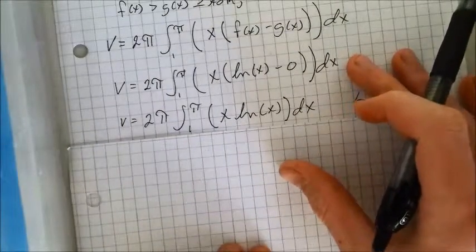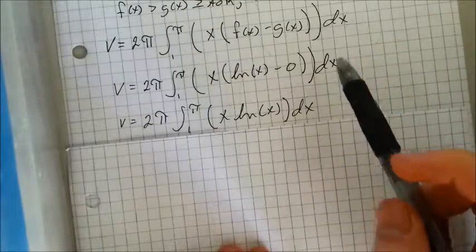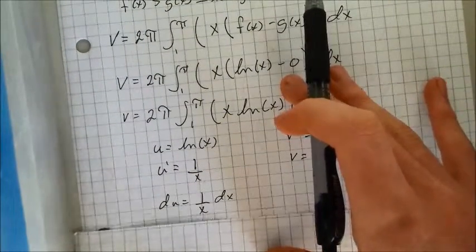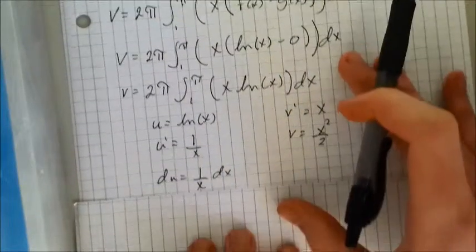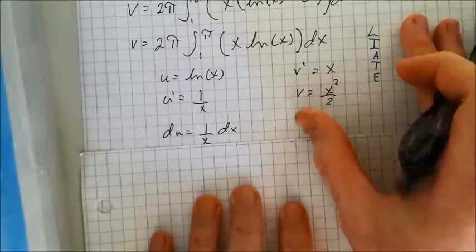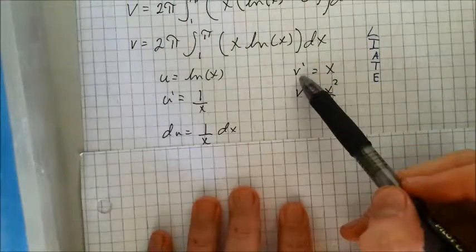And the way that we solve this is with integration by parts. To integrate by parts, we first need to assign some part of this function to be our u value and some part to be our v prime value.